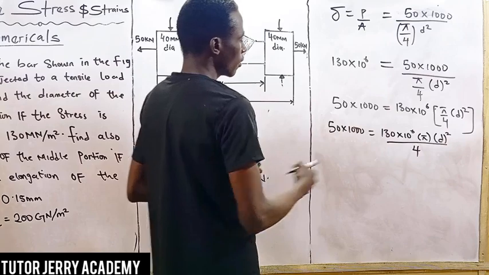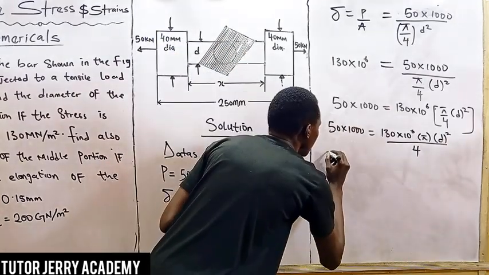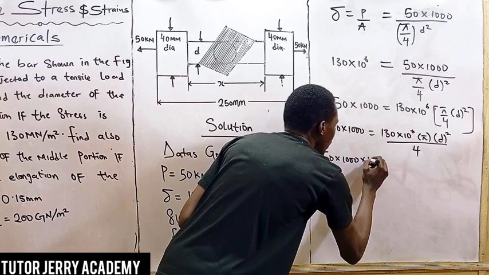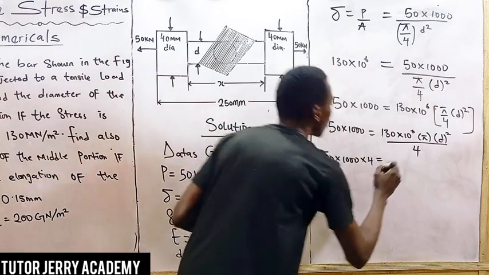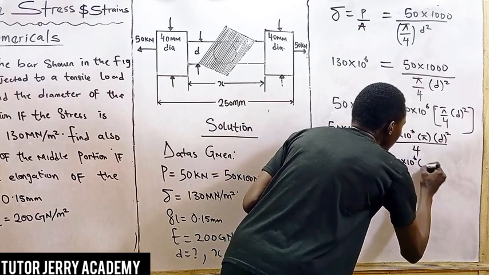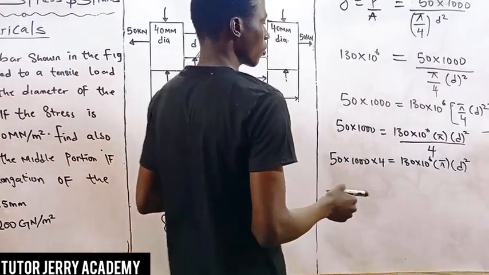This is what I have. So next I can cross multiply. If I cross multiply, I will have 50 times 1000 times 4 equal to 130 times 10 to the power of 6 times pi times D squared. This is what I have.